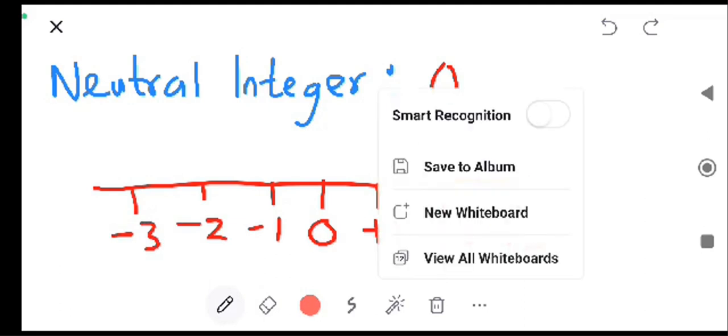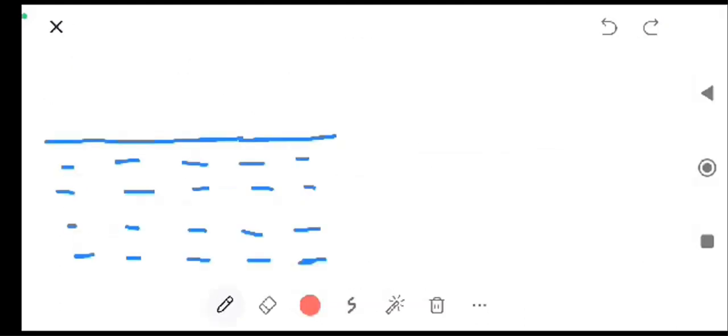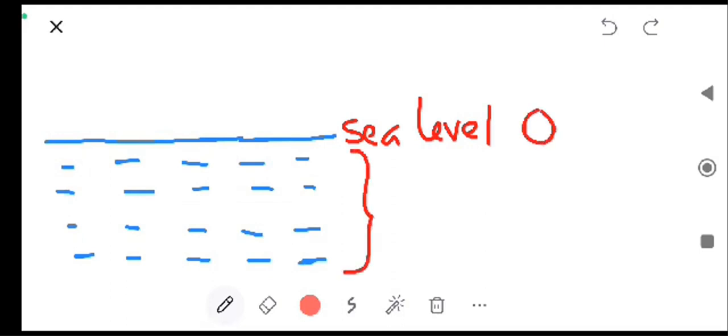Now let's look at real life application of integer. The sea level is represented by 0 as an integer. The distance below the sea level is represented by the negative integer. Okay?